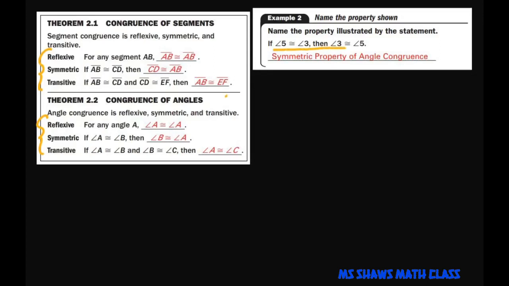We're looking at this, and it's saying if the measure of angle 5 is congruent to the measure of angle 3, then the measure of angle 3 is congruent to the measure of angle 5. And that's where you're coming to this theorem, the symmetric property of angle congruence.